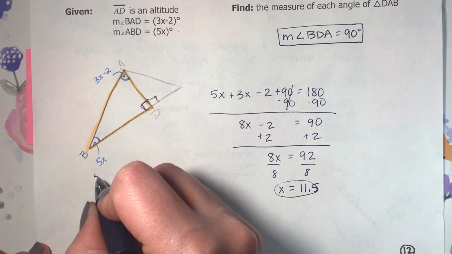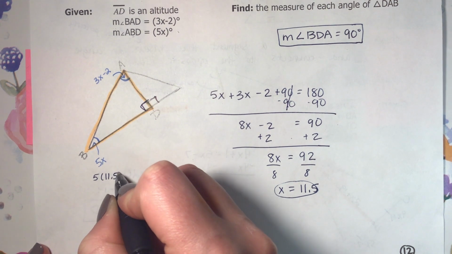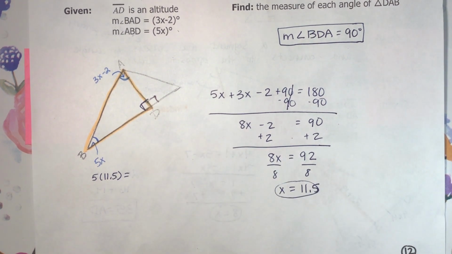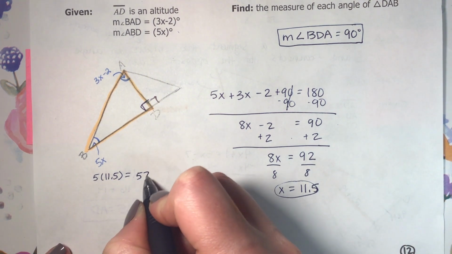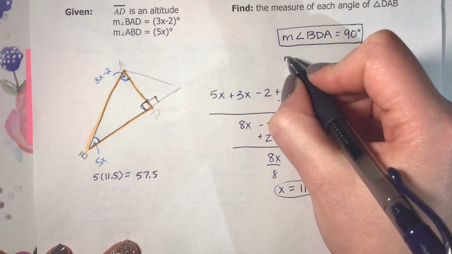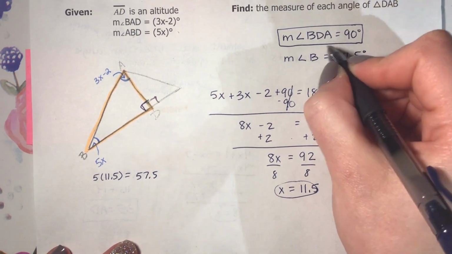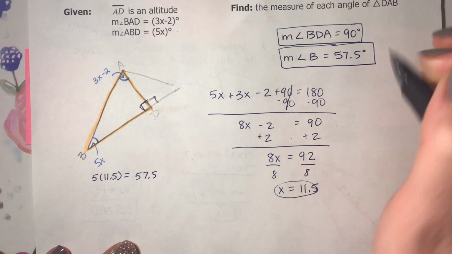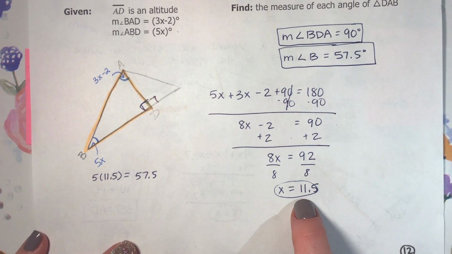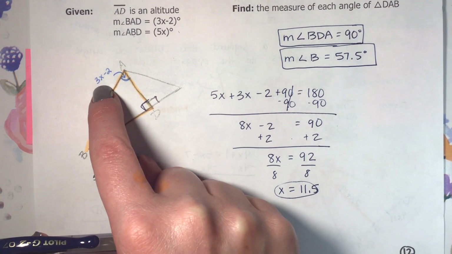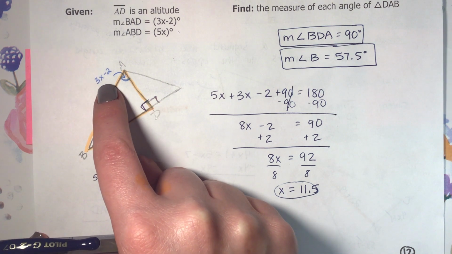So for B, it's going to be 5 times 11.5, which is going to equal 57.5. Just put that in your calculator. So now I know the measure of angle B is equal to 57.5 degrees. I can take this 11.5 and substitute it in again to figure out this angle.